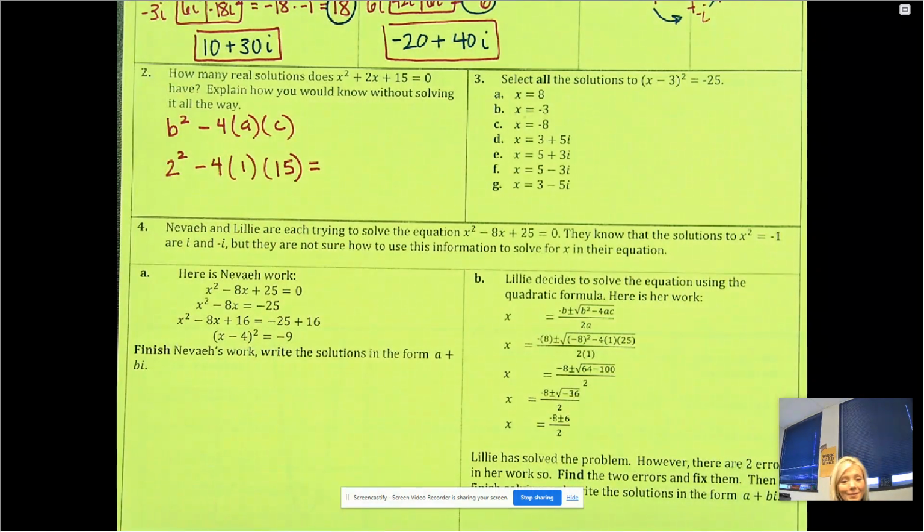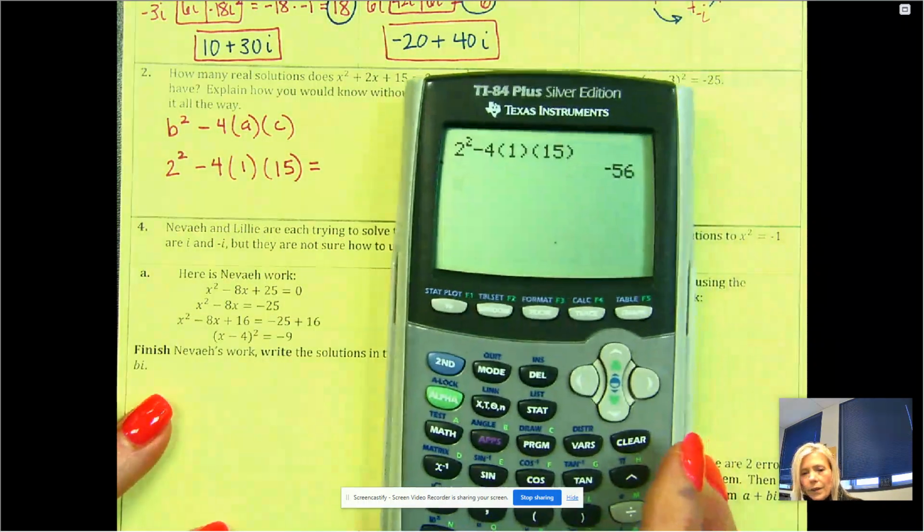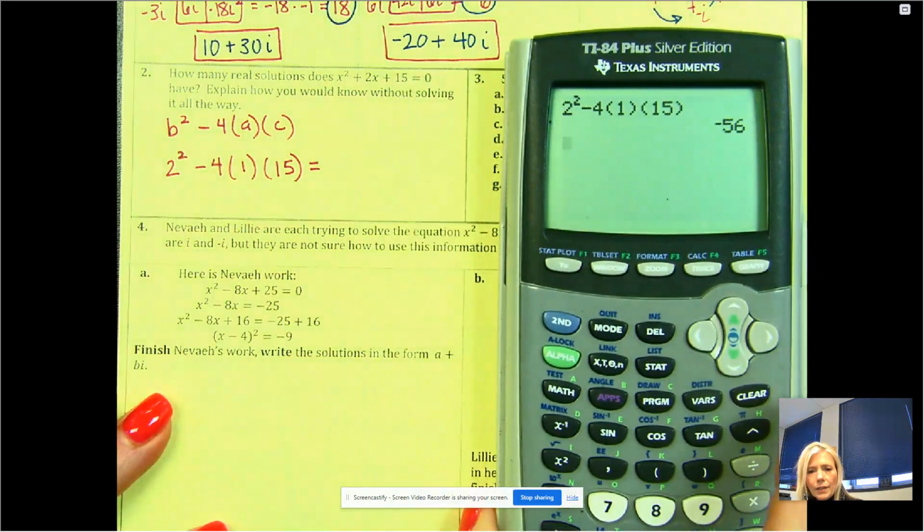I'll give you a second to do that. Okay, here we go. You should have gotten -56.